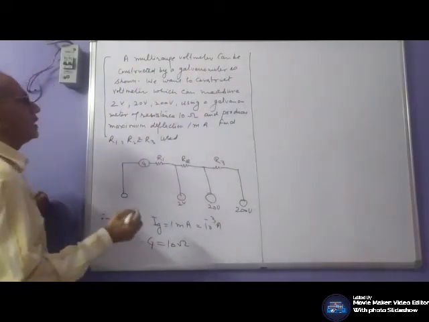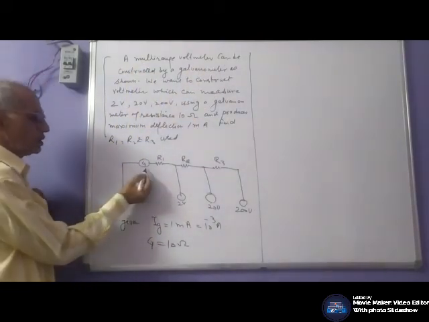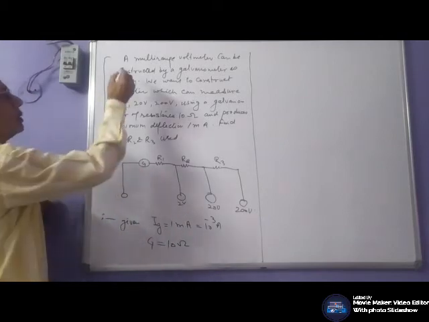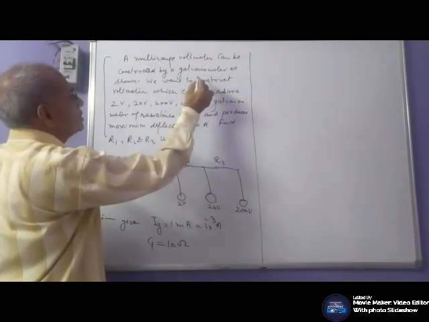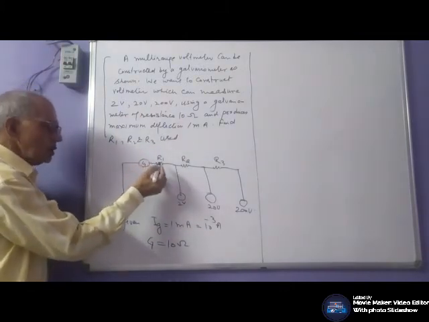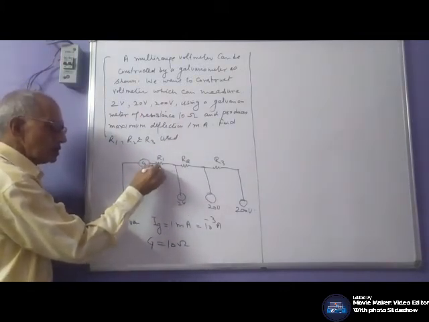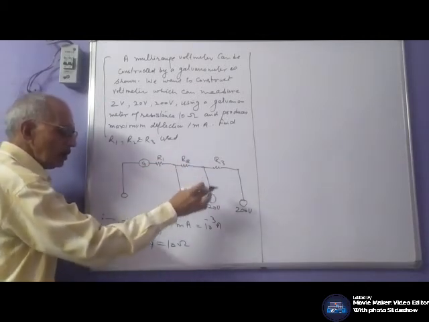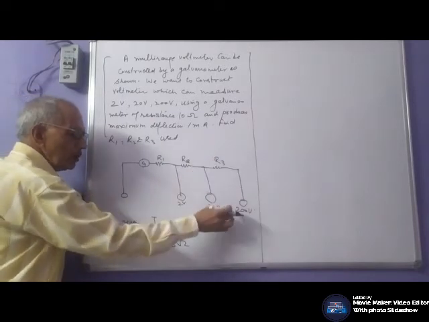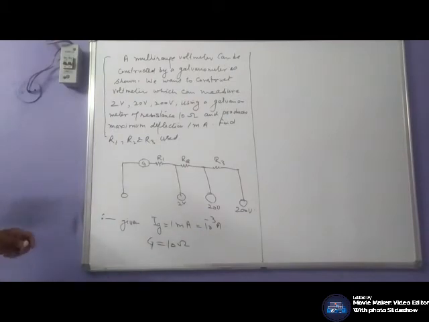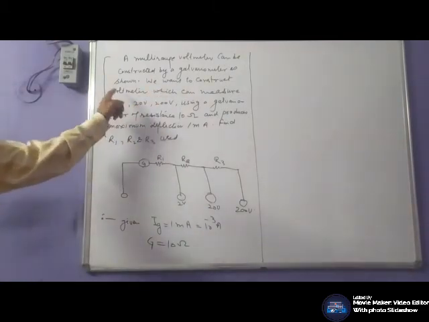Multi-range voltmeter can be constructed by using this galvanometer. We have to make a multi-range voltmeter using this. Multi-range voltmeter can be constructed using a galvanometer as shown.